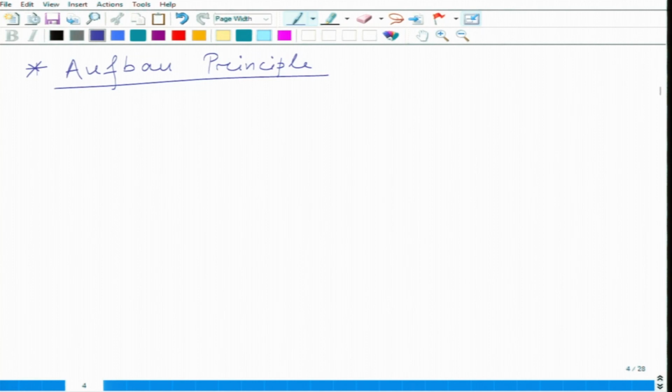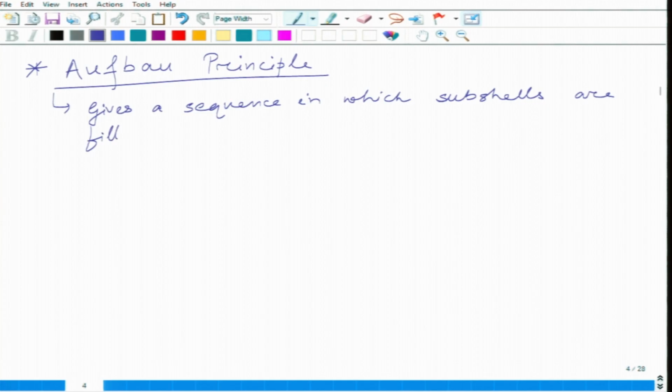So, Aufbau principle gives a sequence in which subshells are filled depending on their energies.